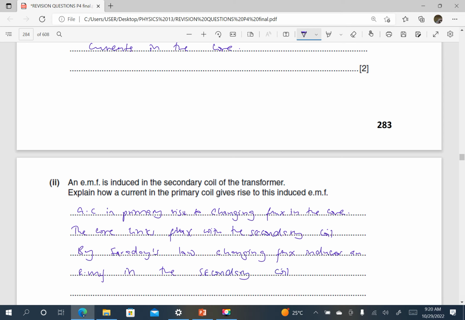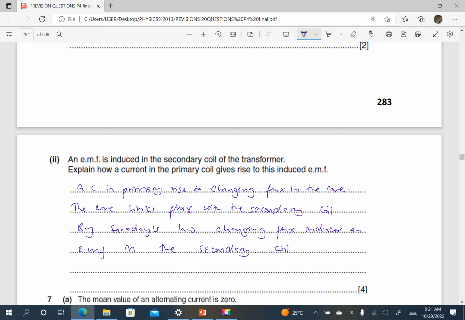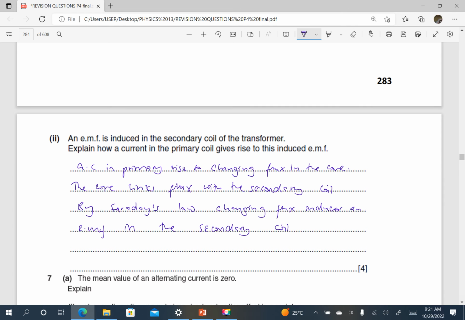So that's why the current in the primary gives rise to an induced EMF. It is changing. It is alternating. Because it's alternating, it gives a changing flux in the core, which spreads to the secondary coil. It is being cut by the turns of the secondary coil. A changing flux around the secondary coil by Faraday's law will induce an EMF.